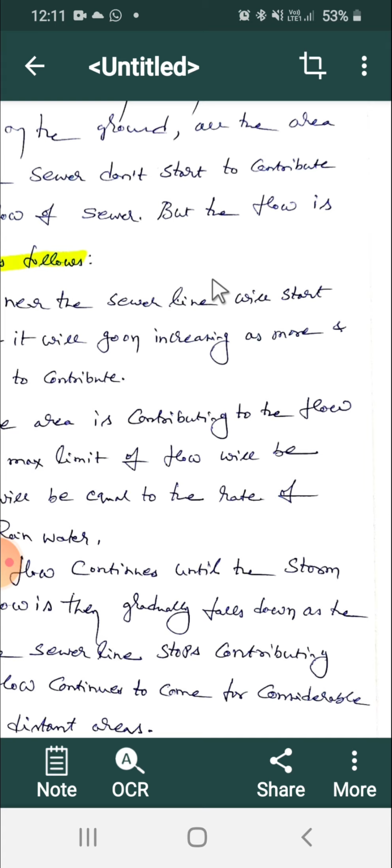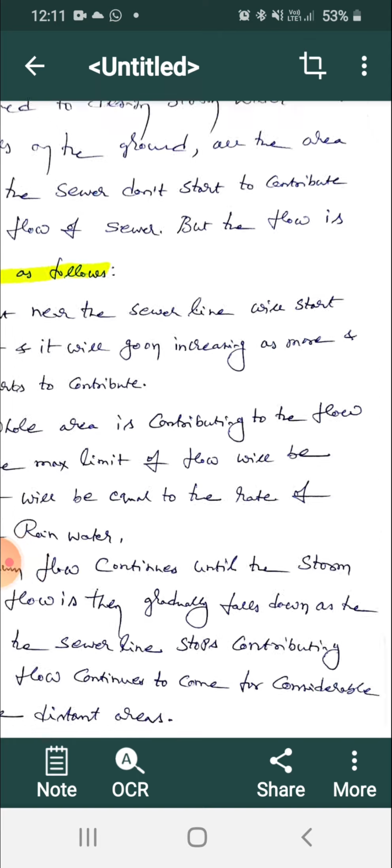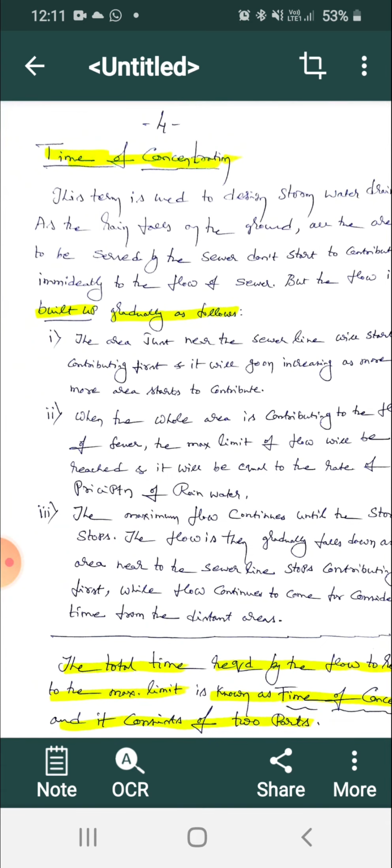This is the time of concentration, how long the rainfall has occurred. To build up the rainwater, the storm water entering the pipeline, how much you have to determine depends mainly on these 3 factors.